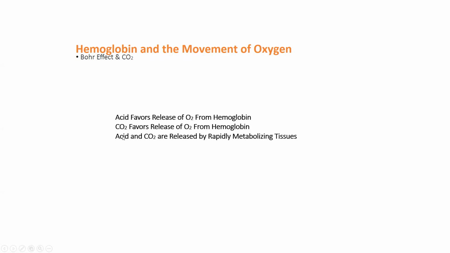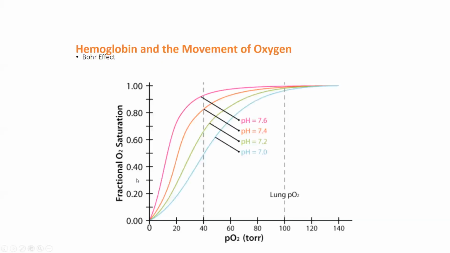That shows you that acid and carbon dioxide are released by rapidly metabolizing tissue. The tissue that is running the marathon, metabolizing so quickly, catabolizing all of the glucose to give me ATP, is building up so much metabolic waste like 2,3 BPG, as well as carbon dioxide and hydrogen protons, and these will just push oxygen away from the hemoglobin.